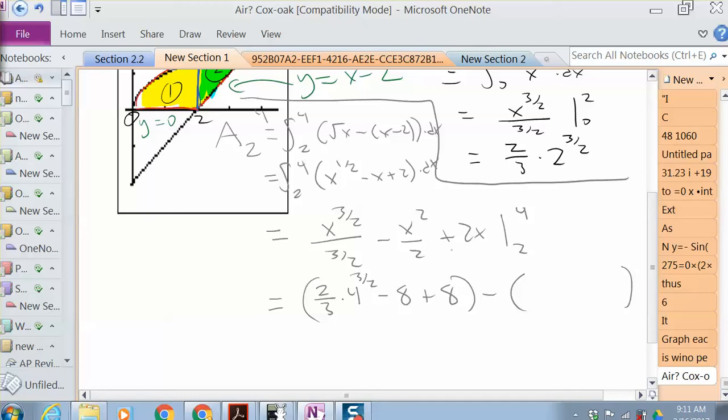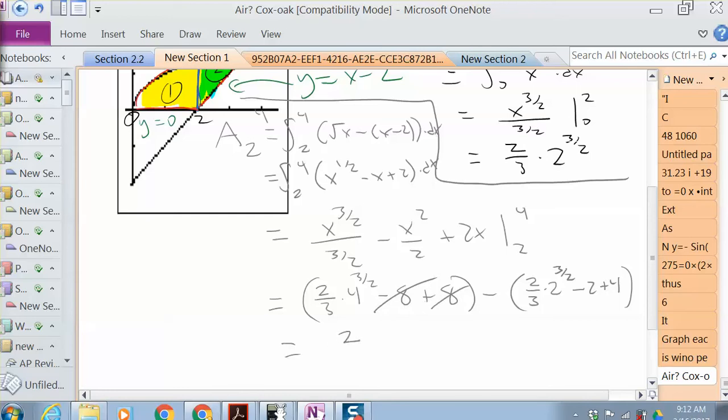If I plug 2 in, I have 2/3 times 2 to the 3/2 minus 2 plus 4. And I think those cancel.